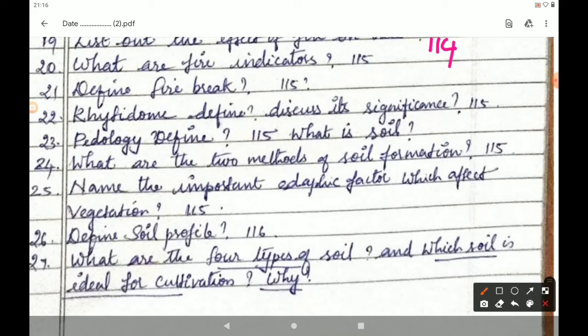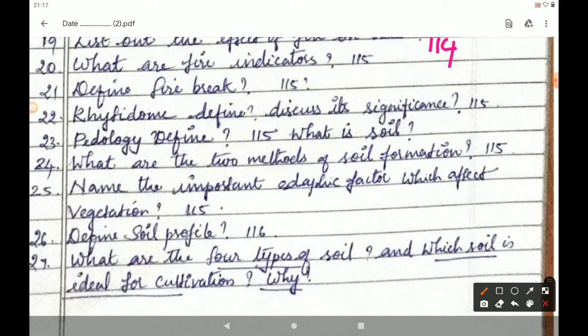Below that, 7 headings are given, which you should write. Number 1, soil moisture. 2, soil water. 3, soil reaction. 4, soil nutrients. 5, soil temperature. 6, soil atmosphere. 7, soil organisms.